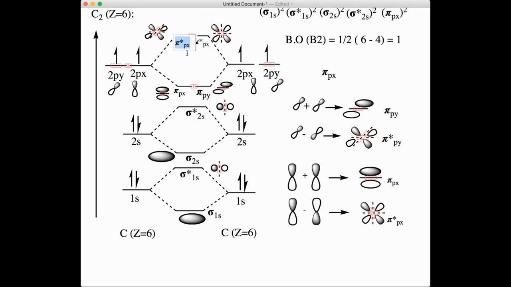So in phase combination leads to 2 bonding molecular orbitals, px and py, and they look like this. Out of phase combination leads to 2 antibonding molecular orbitals looking like this, because we combine x with x and y with y because they have the right symmetry and orientation. So this could be the molecular orbitals, guys.